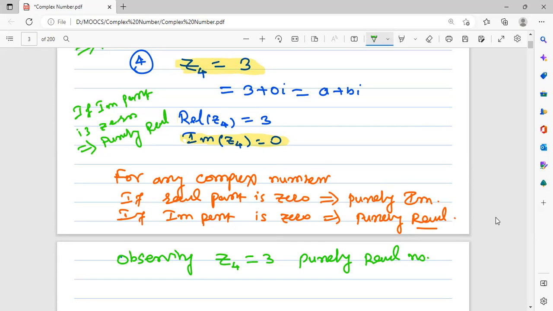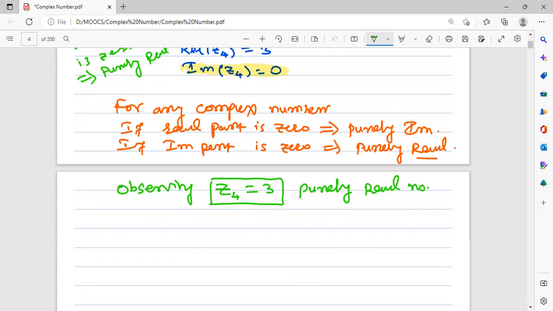So it is a complex number and also a purely real number. Then tell me, is it a real number? z4 equal to 3 is a real number.